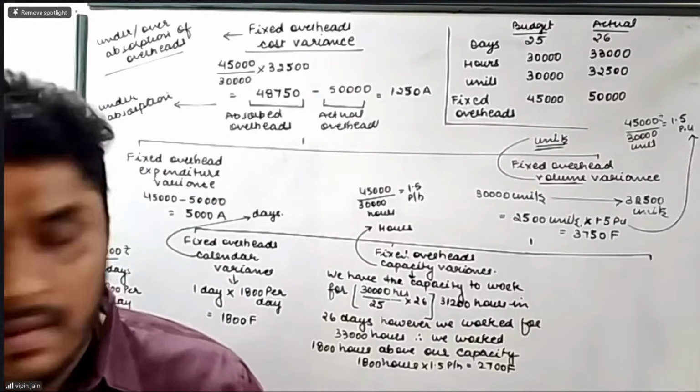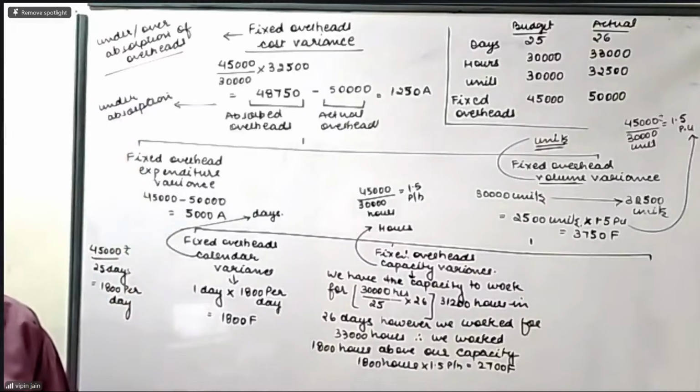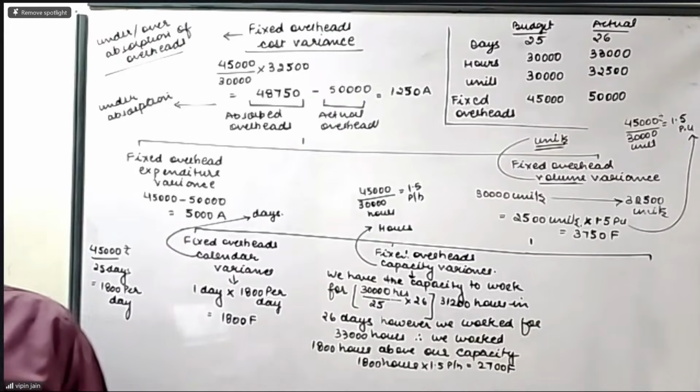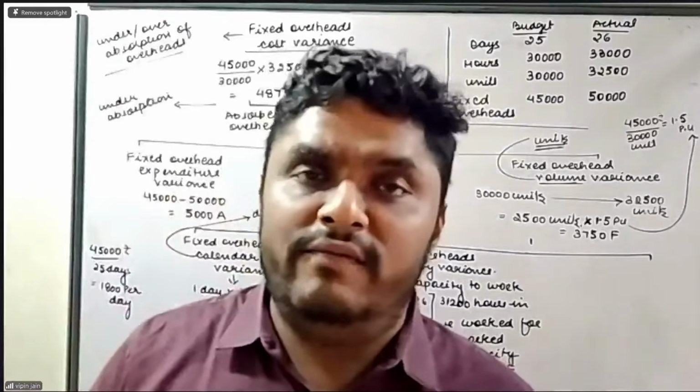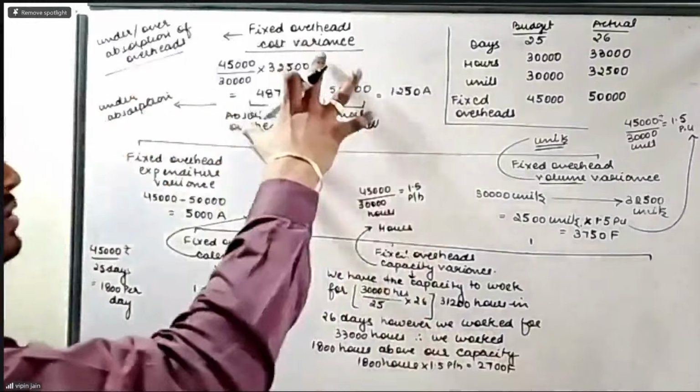Sir, in this way, fixed overhead capacity variance, I understand because we worked one additional day, there were additional hours that we had to allocate on a day-to-day basis. The same way, fixed overhead calendar variance, isn't it that we have worked an extra day, so the fixed overhead will be extra for one single day of 1,800. No. See, the point is we have already covered the overheads in cost variance.